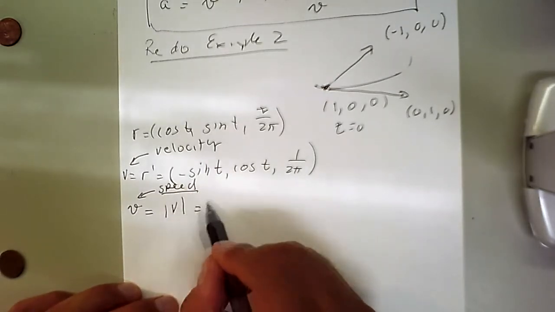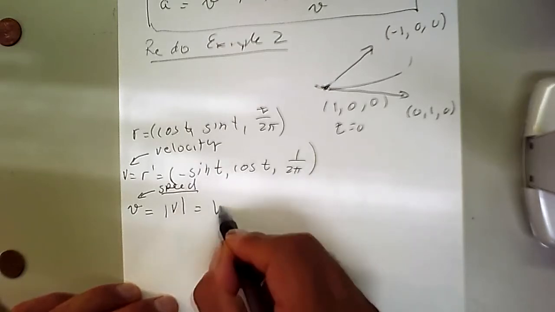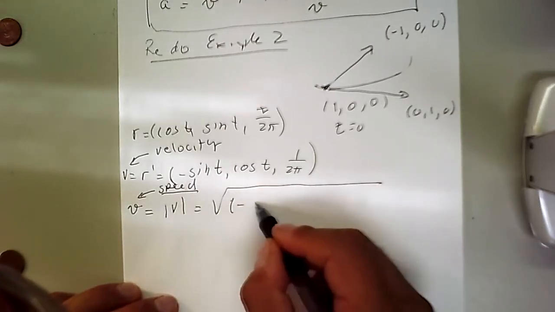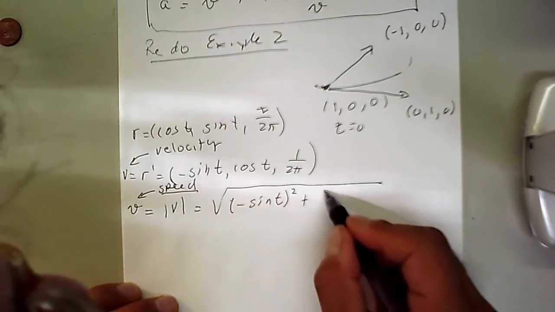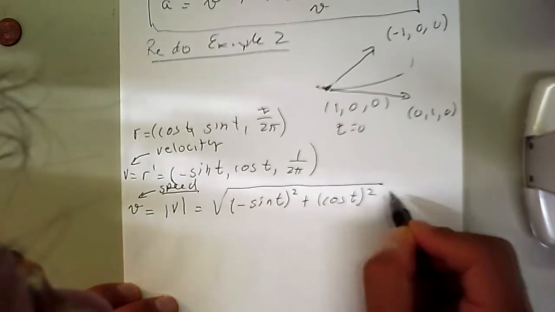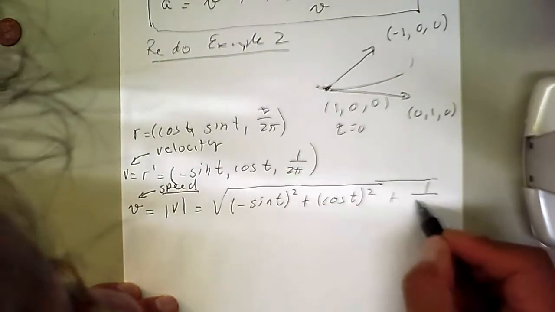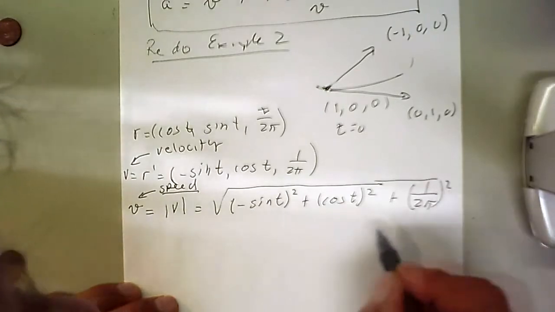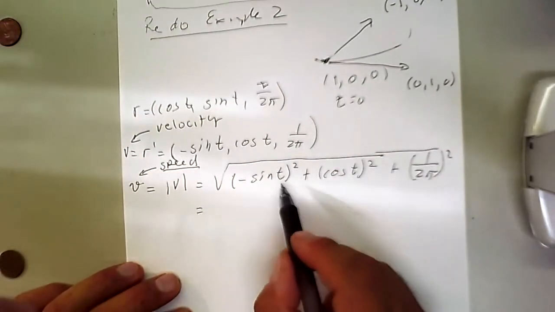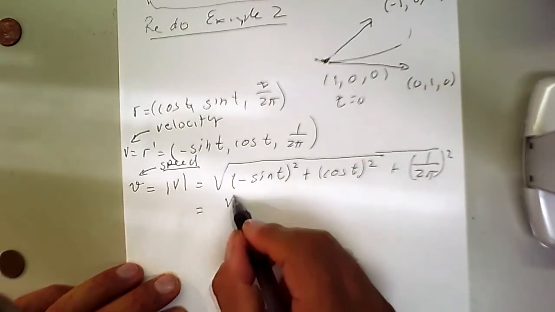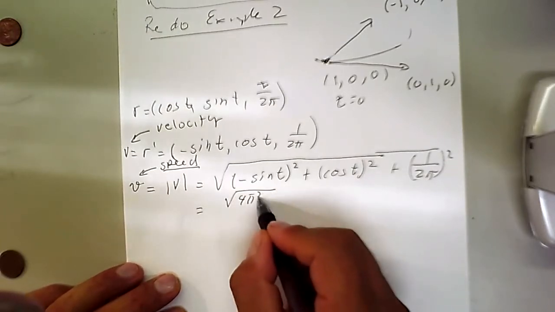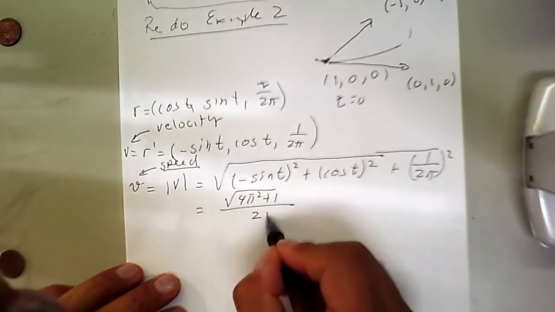And the speed is the magnitude, so we're going to take this vector and find its magnitude. Negative sine t squared plus cosine t squared plus 1 over 2 pi squared. And of course, that's going to add up to 1 plus that. We know where this is going. 4 pi squared plus 1 over 2 pi.